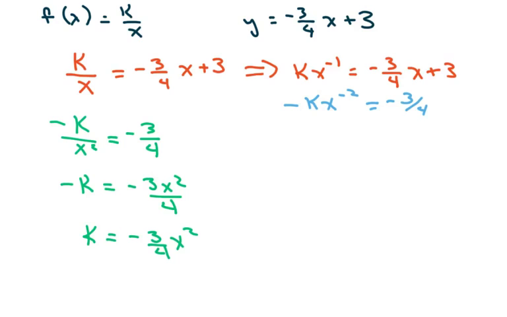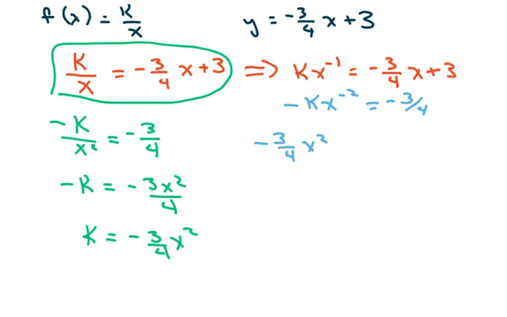Now what we want to do is plug it back into our original equation here. And so when we plug it back in, we're going to get 3/4 x squared over x equals negative 3/4 x plus 3.